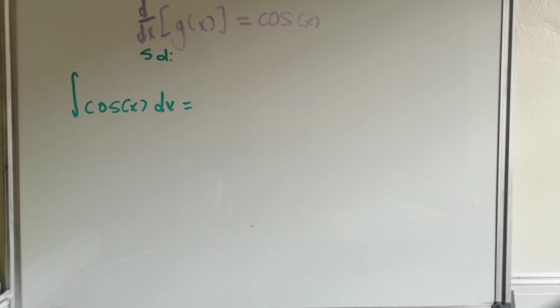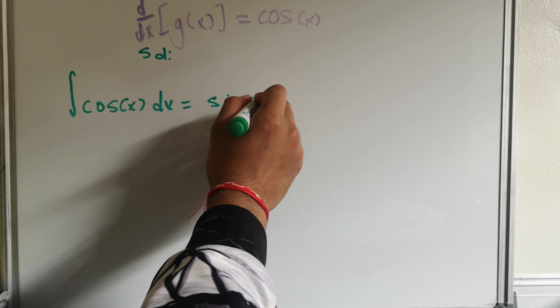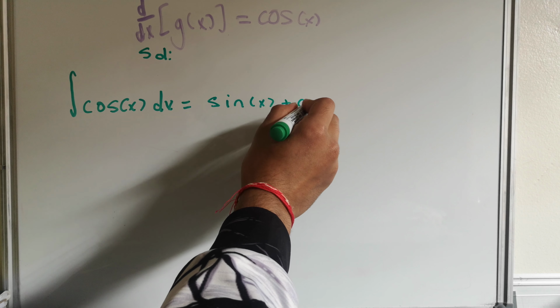Now, what is this? The integral is something that to some extent inverses or cancels the derivative. What is the only function that when derived will give us cosine x? If you know your derivative rules, you should know this, that there is only one function whose derivative is equal to cosine x. That's sine x.